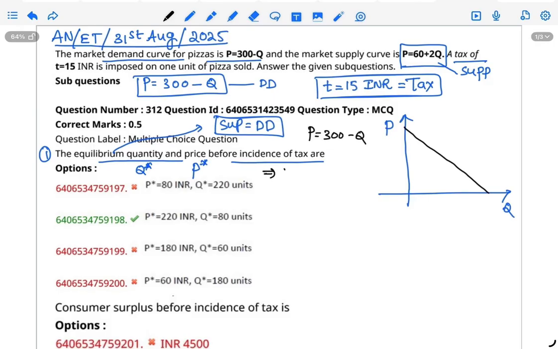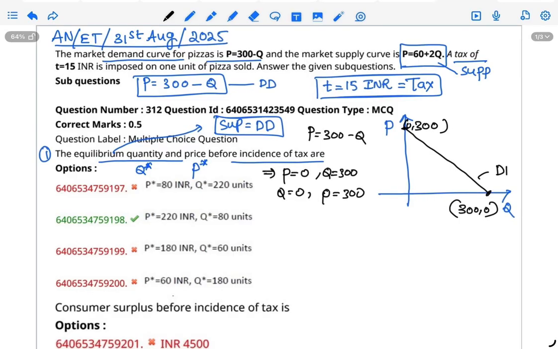If you put P equals 0, Q equals 300, so this x-intercept is (300, 0). And this y-intercept: Q equals 0 implies P equals 300, which is the point (0, 300).